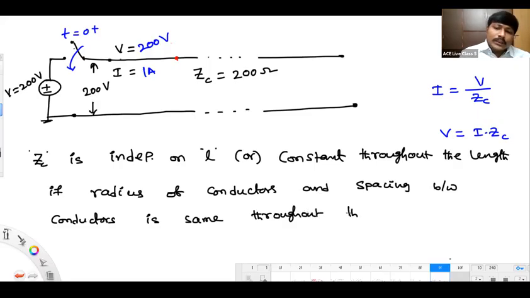If the radius of the conductors and spacing between the conductors is the same throughout the length of the line, then I can say this ZC is becoming independent of the length of the line.